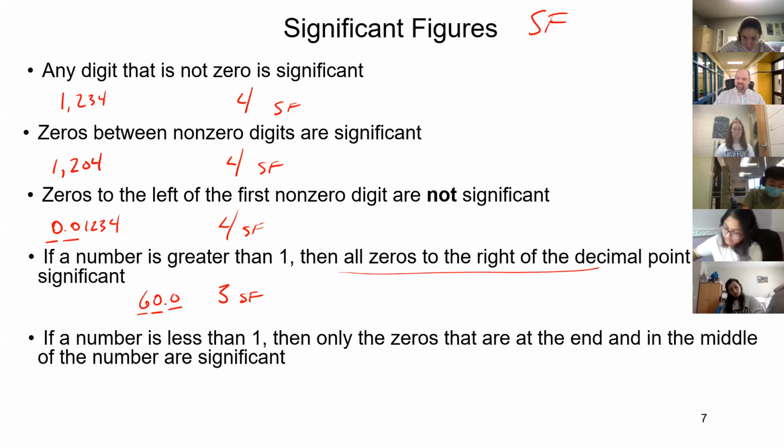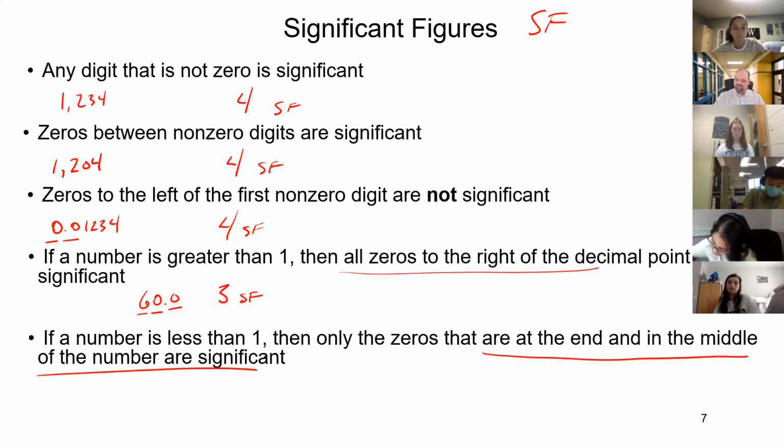If we have a number that is less than 1, then the zeros to the right of non-zero digits are significant. The way our textbook words it is at the end and in the middle of the number.